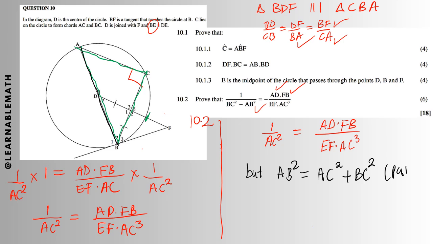And this is coming from Pythagoras, right? So if I solve for AC squared, you'll agree that it will be equal to AB squared minus BC squared, right?